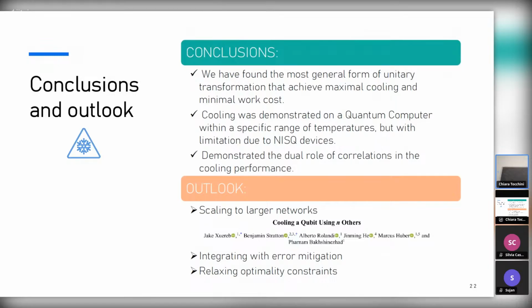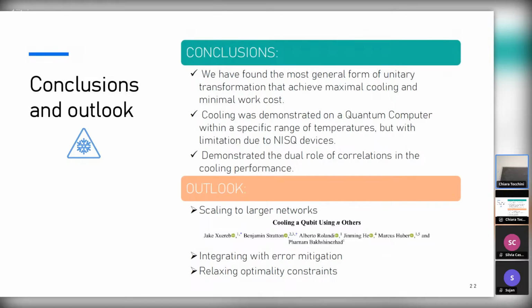Some outlook can be scaling to larger systems, but I think it was already done in this article. Integrating some error mitigation techniques to reduce noise in the quantum hardware, and relaxing some optimality constraint.